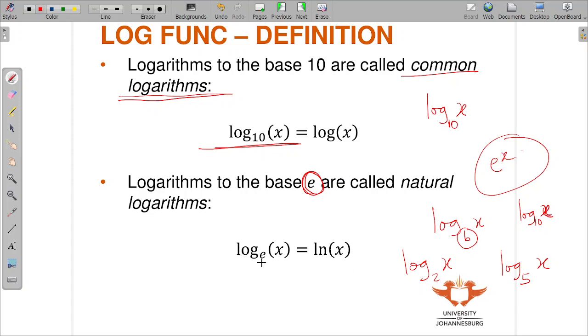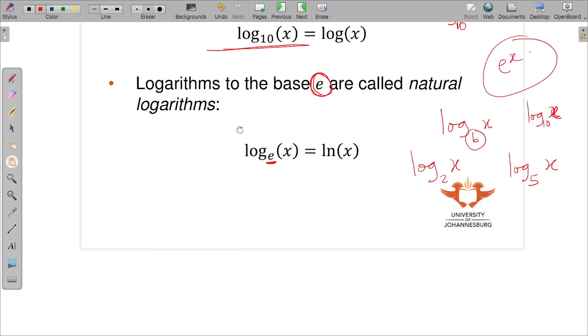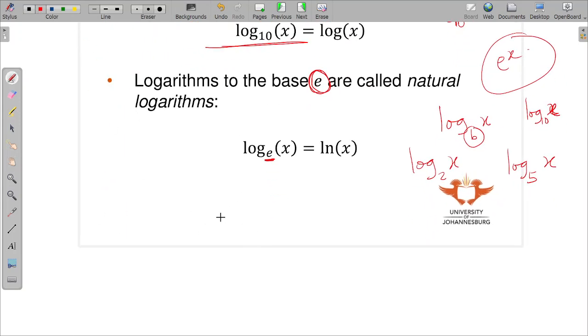It could also be e, and this e is very important in mathematics and mathematical finance. So log x to base e gives us what we call the natural logarithm, which is ln. We are going to be using this ln a lot. Whenever we have log to base e, that is what we call ln.